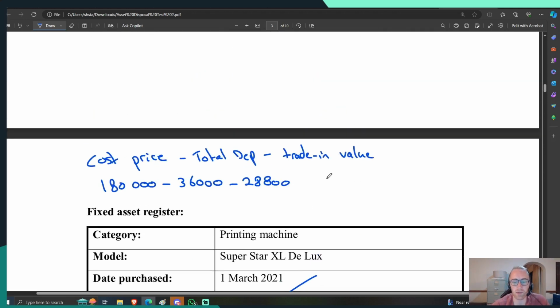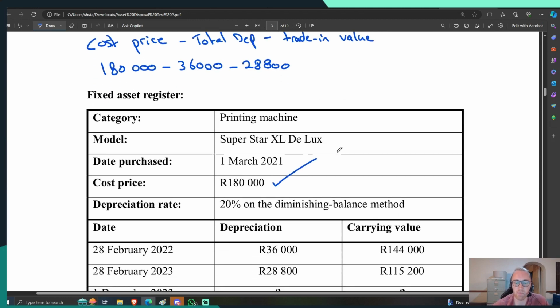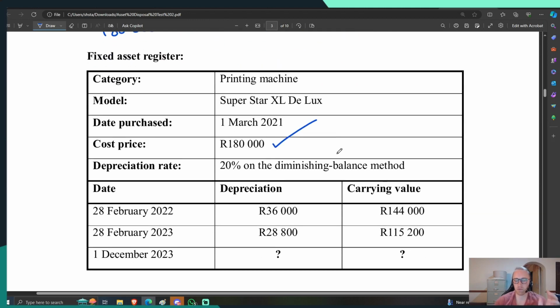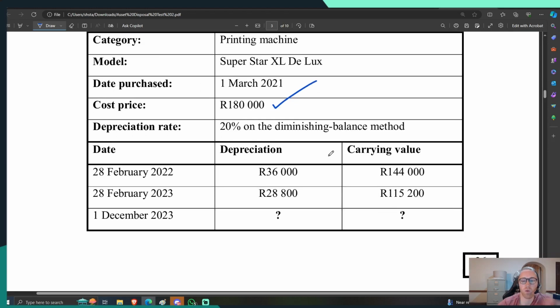So whatever depreciation calculation we apply, we will have to multiply it by 9 out of 12 months. Let's see what the depreciation is for this year.